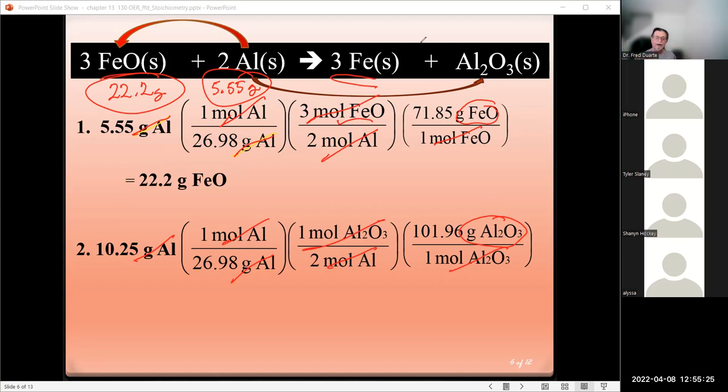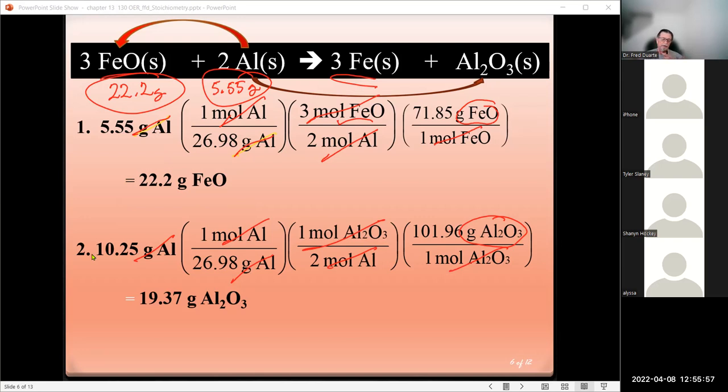Okay. All right. So then finally, that adds up to 19.37 grams of aluminum oxide. So to visualize this, if you will, if you weigh out 10.25 grams of aluminum metal, and you have a little bit of excess, you can calculate how much iron oxide you need, just like we did in the first step.